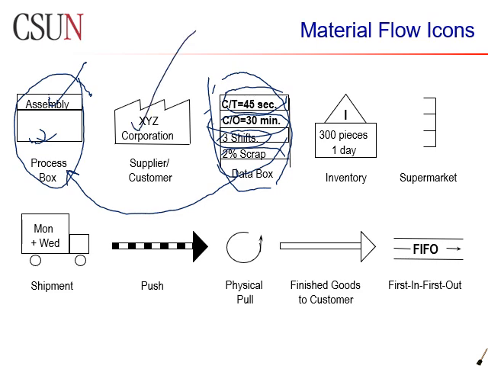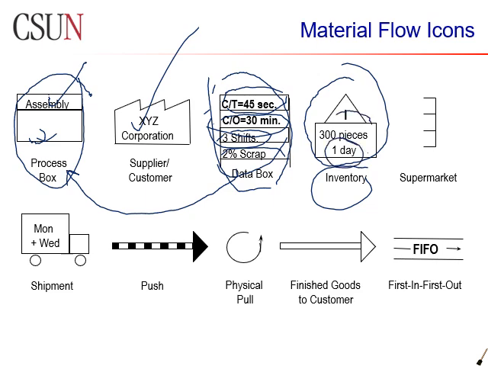This shape represents the customer or the client or the supplier. This part represents the inventory. And we don't actually rely on the number of the pieces rather than the time.